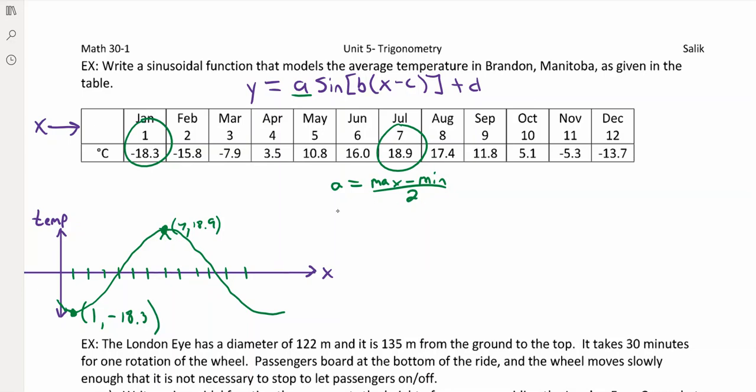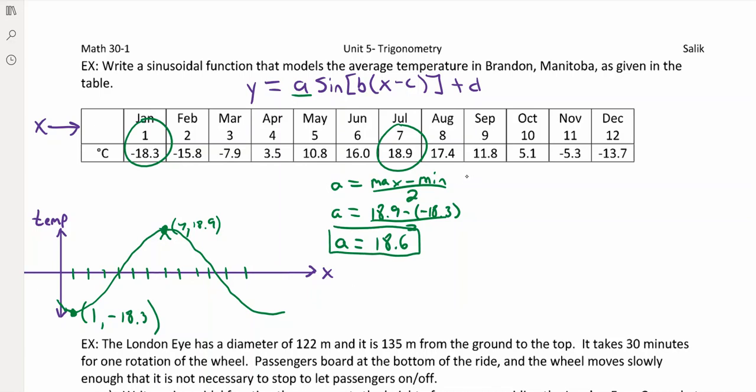So A is equal to 18.9 minus negative 18.3, divided by 2. So your amplitude is 18.6. I'm going to put a box around that because we're going to need that in a second. So, 1 down, 3 to go.